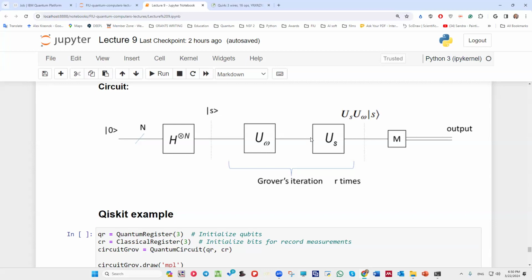Amplifier means we amplify the probability amplitudes of the element we are looking for, and suppress the amplitudes of all other elements. That's why it is called the amplifier.